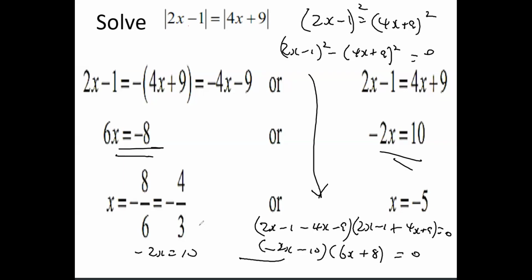Either you go this way or you use the difference of squares thing to get the answer. So I think you get a knack, you should, I should say, of how to solve these equations, right?